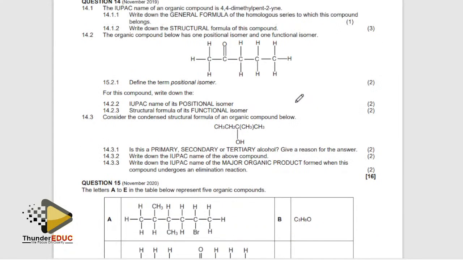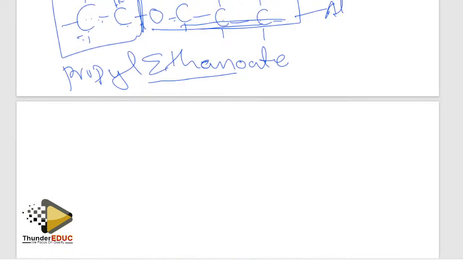You see, what is the positional isomer? Same structural formula, but different position of the functional group or the substituents. Simple. Make sure that you know. Once they ask you that, it's easy. Primary, secondary, tertiary alcohol, give a reason. If it is primary, it has 1 carbon atom attached to the carbon atom with the functional group.